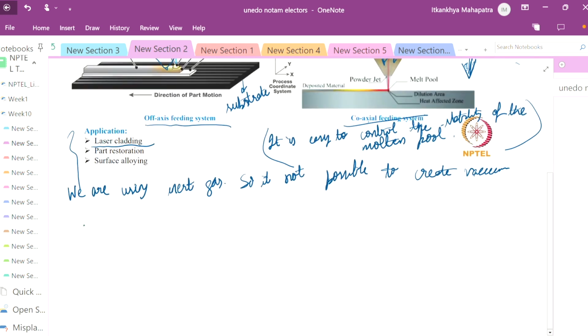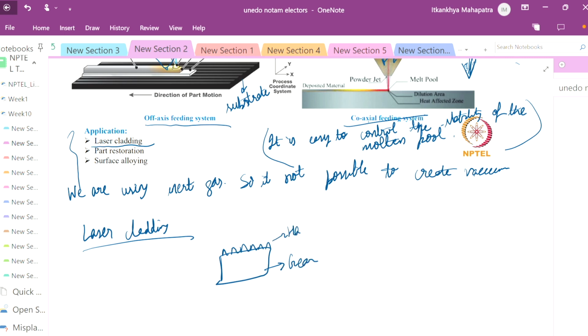So what is laser cladding? This is a workpiece and this is a gear. I have teeth, and the hardness of the teeth should be high to reduce wear.